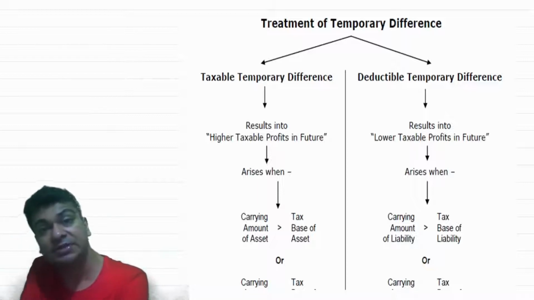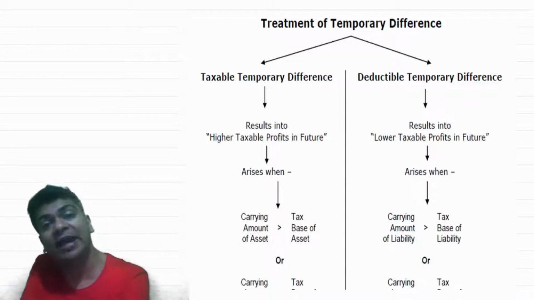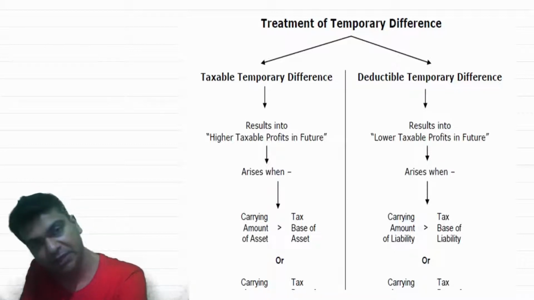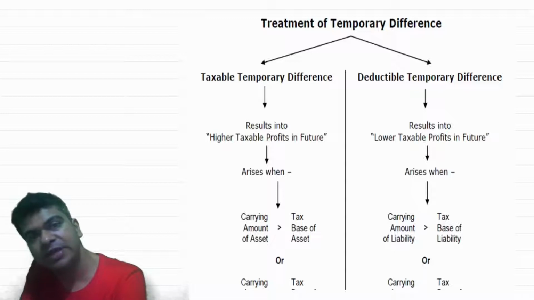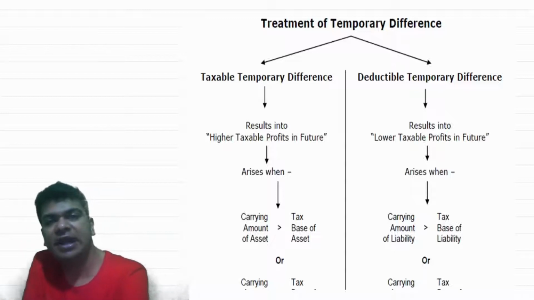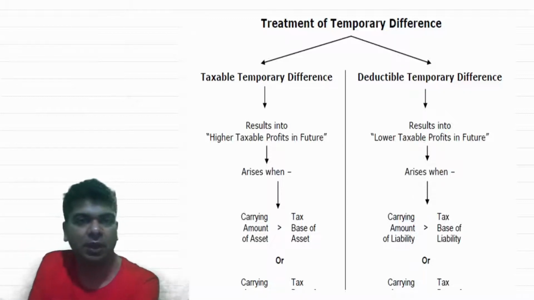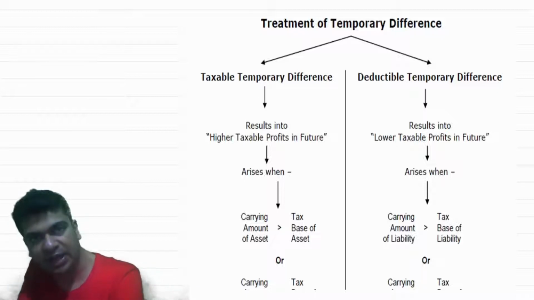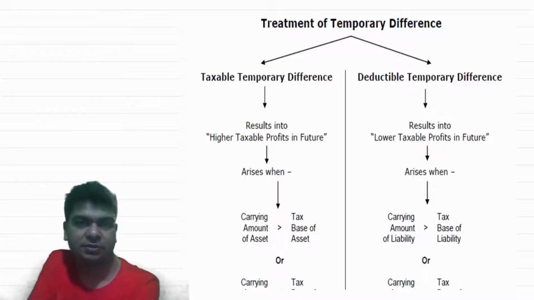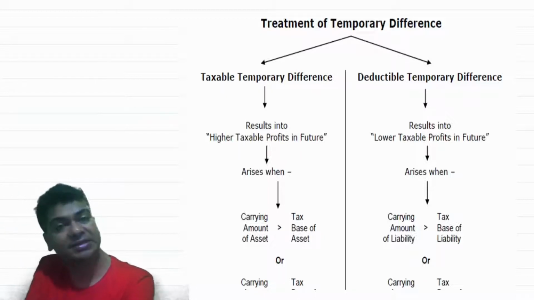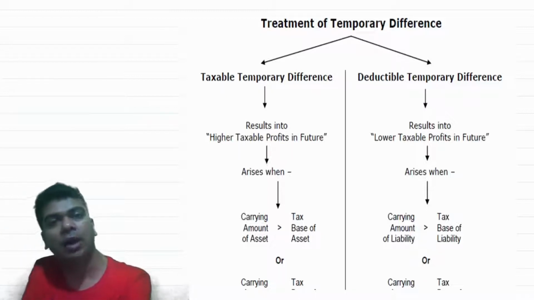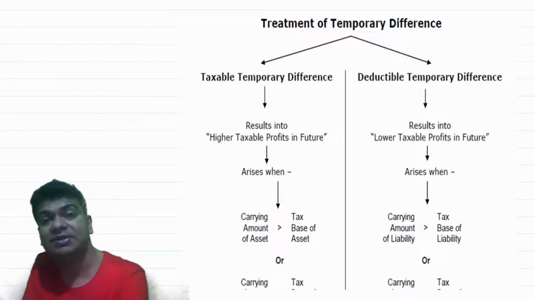Deductible temporary difference is a difference which will result into lower taxable profits in future. In other words, you will end up saving tax in future. And because you are going to save tax in future, savings in tax is nothing but a future economic benefit. And that is the reason we are recognizing a deferred tax asset. But the moment you say that you are planning to recognize an asset in your books, our accounting standards become slightly conservative.